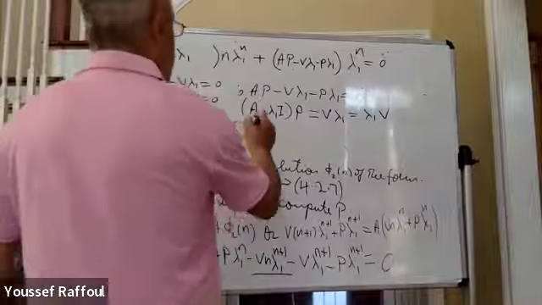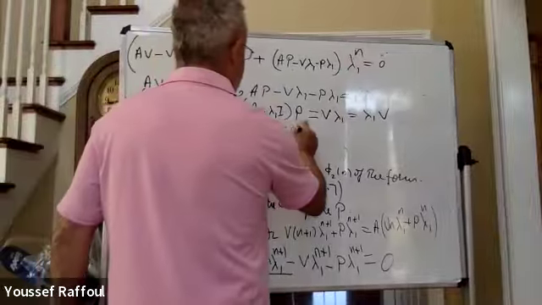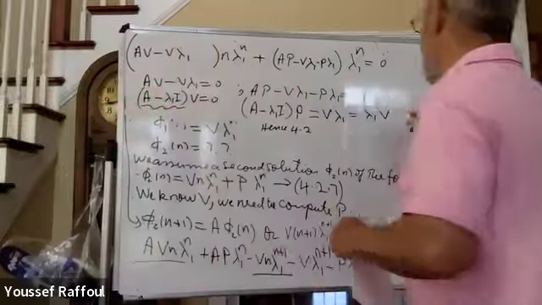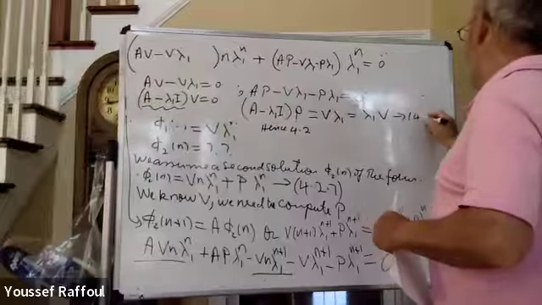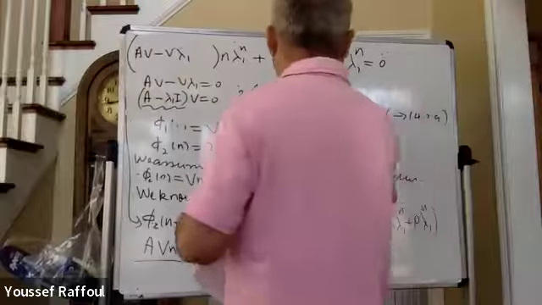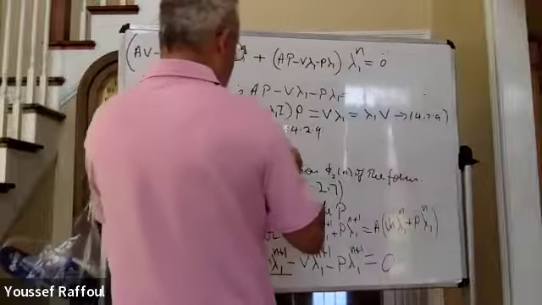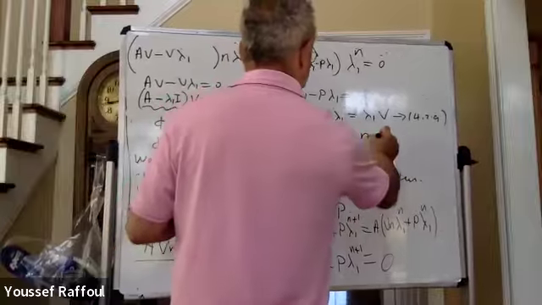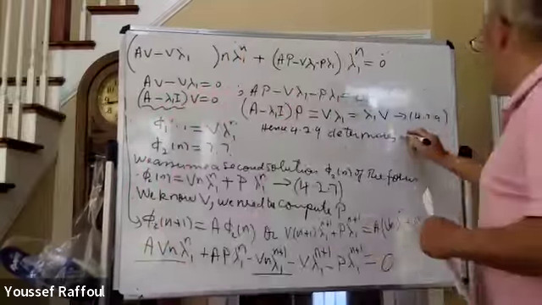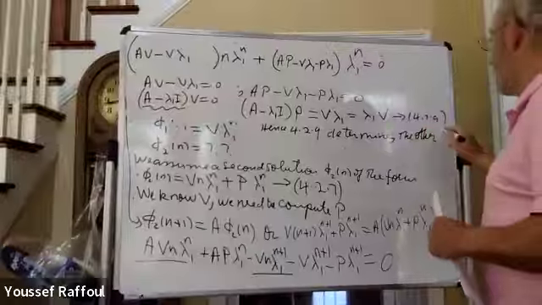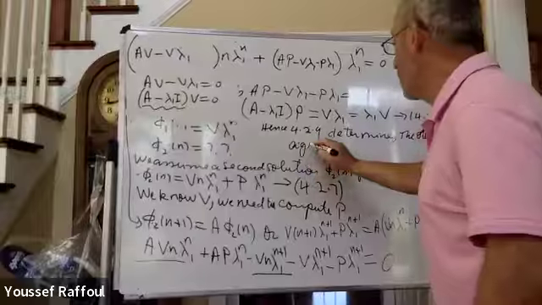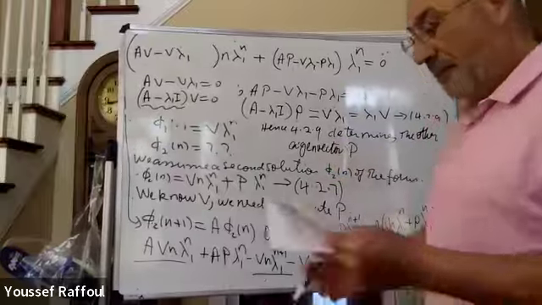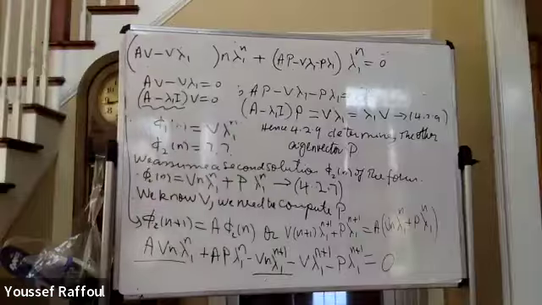So, hence, this is called 4.2.9. 4.2.9 determines the other eigenvector P. Okay? There you go.